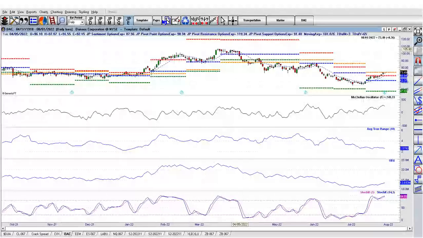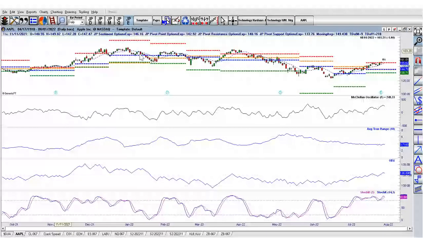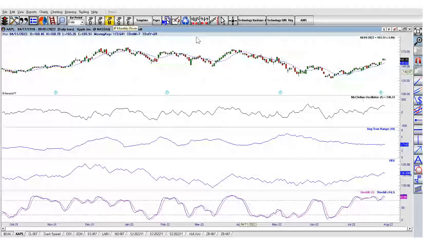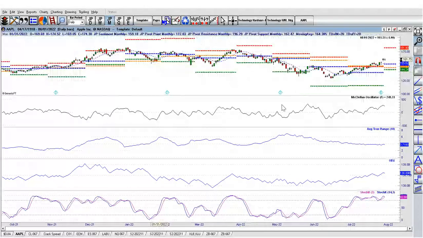So sometimes the monthly does a little bit better than option expiration. Looking at Apple, for example, option expiration, turn it off. Monthly expiration, turn it on.